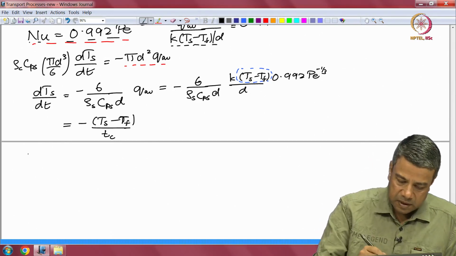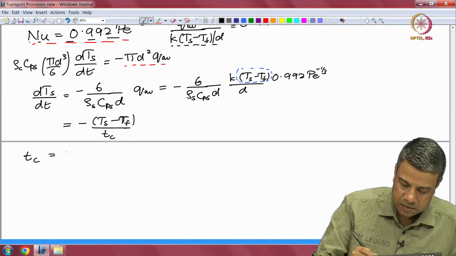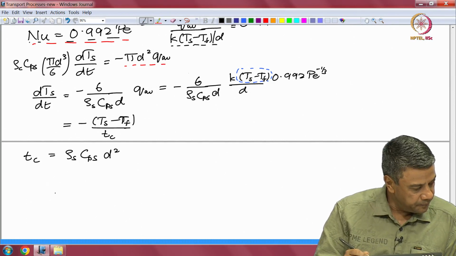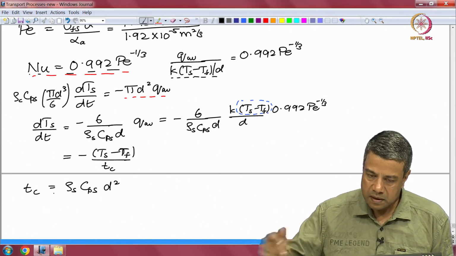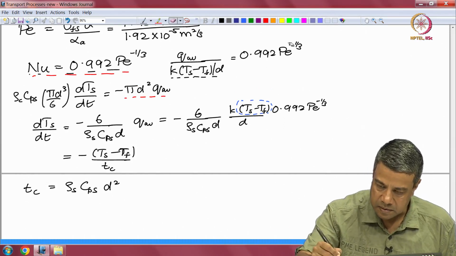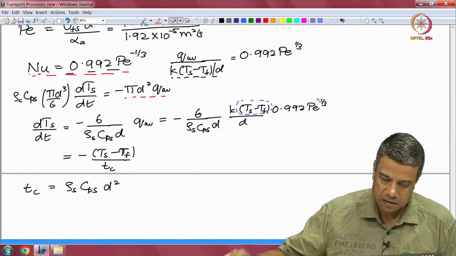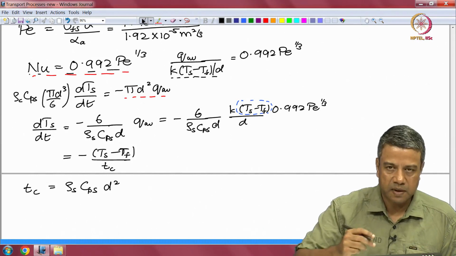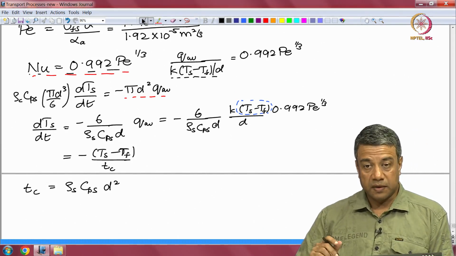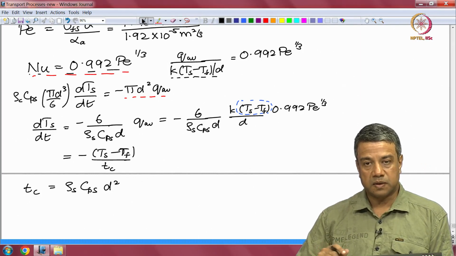Where Tc is equal to rho s Cps d square. Kindly note a mistake here, this should be Pe power plus 1/3, not Pe power minus 1/3. Nusselt number is Pe power plus 1/3. The boundary layer thickness is Pe power minus 1/3 times d.